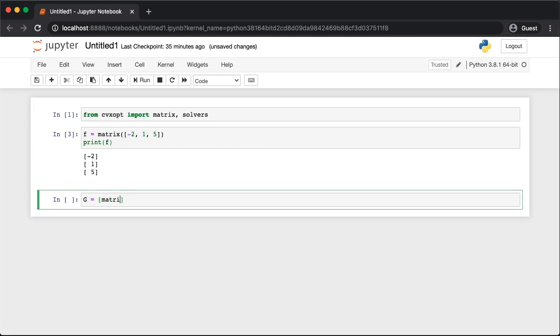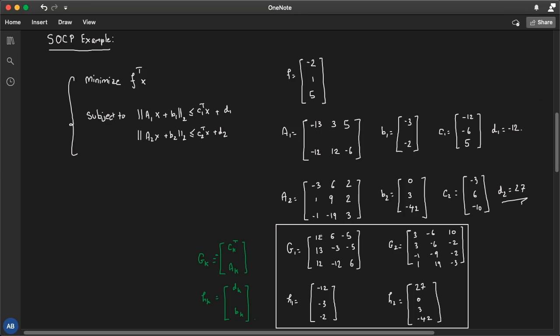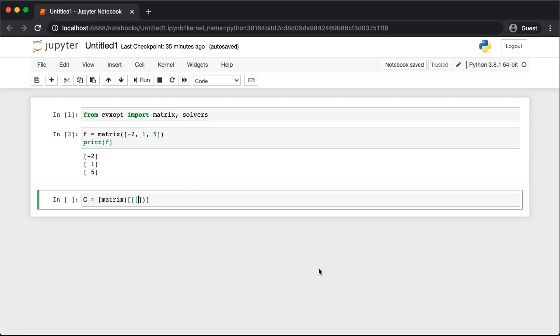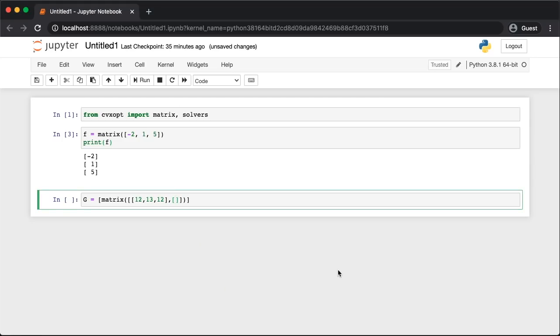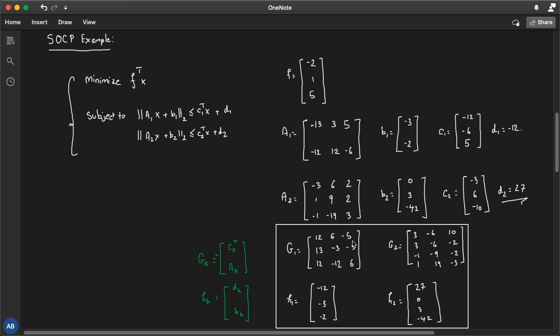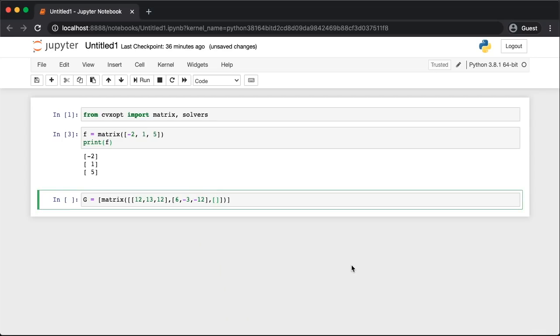So G is a matrix where its first column is 12, 13, 12. Its second column is 6, minus 3, minus 12. And the last column of G1 is minus 5, minus 5, and 6.